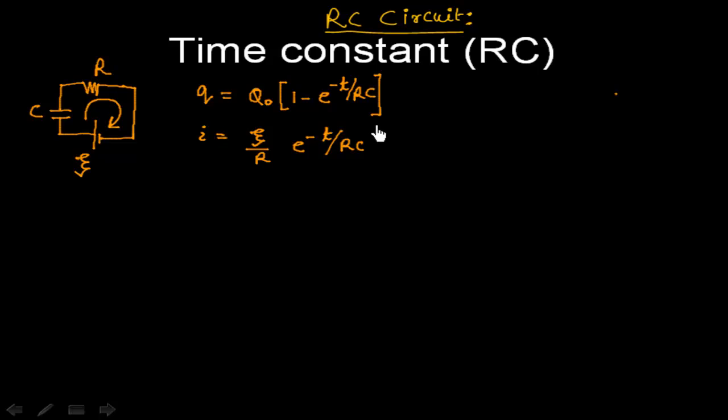If you see, in both expressions we have one thing common, and that is e to the power minus t by RC. And this term, RC, the product of resistance and capacitance, is called the time constant.